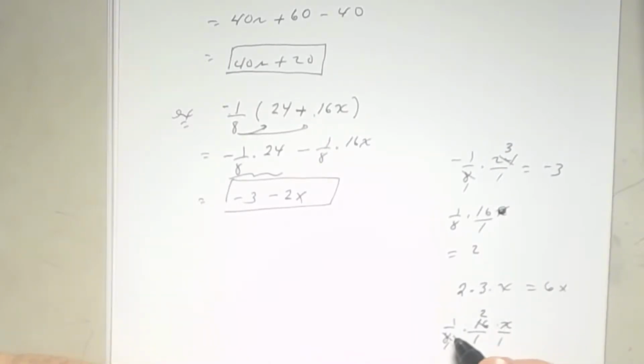From a previous course, you know that to multiply fractions, you multiply the numerators together. 1 times 2 is 2. 2 times x is 2x. Divided by 1 times 1 is 1. What's 2x divided by 1? So 2x.